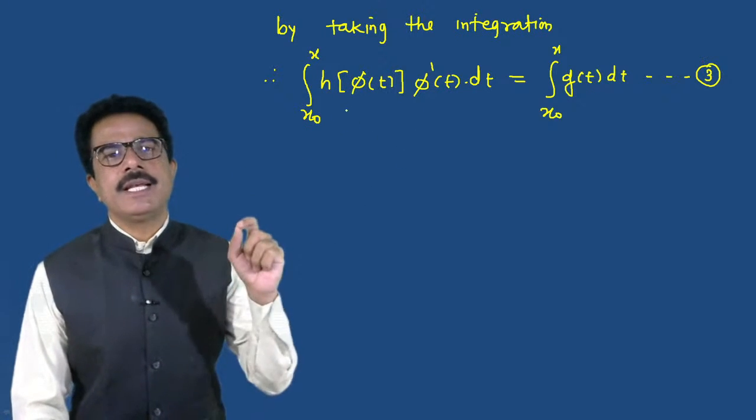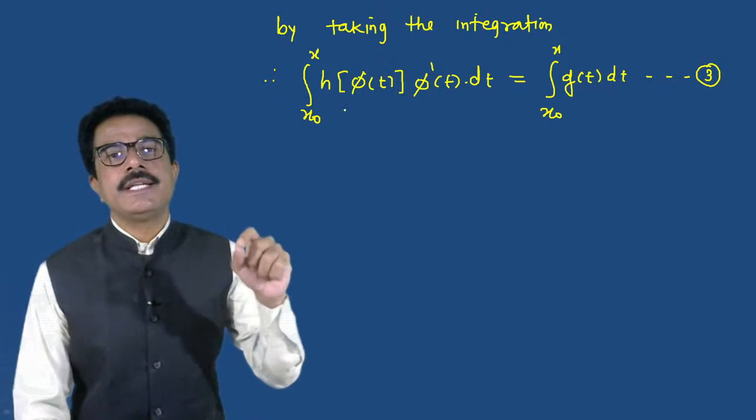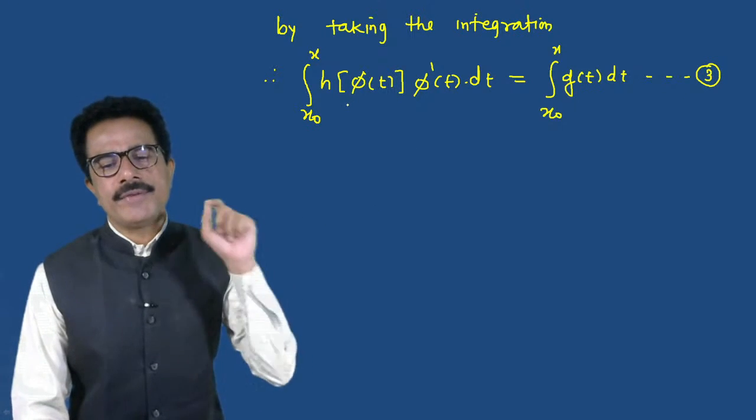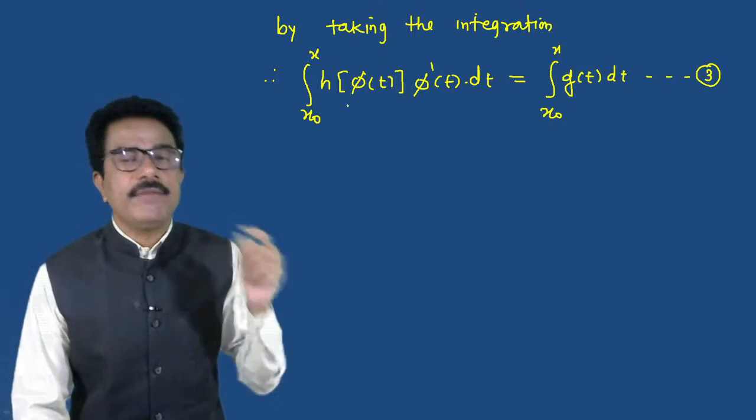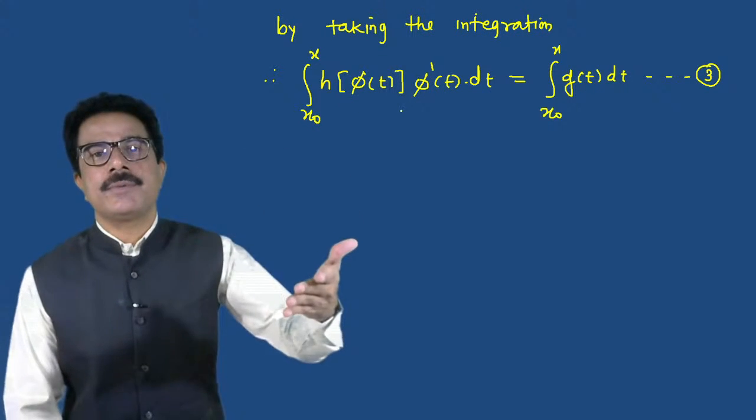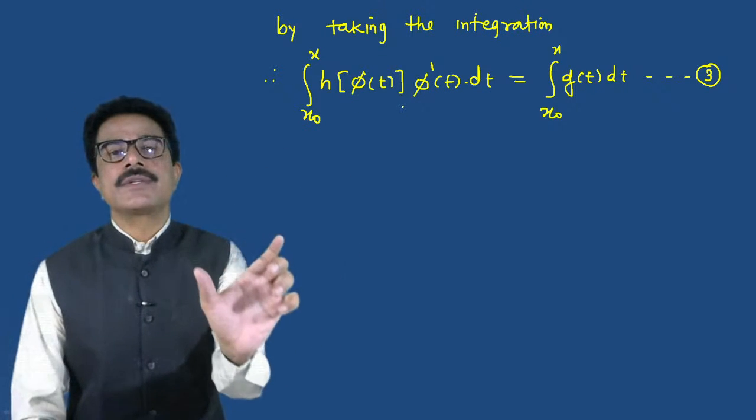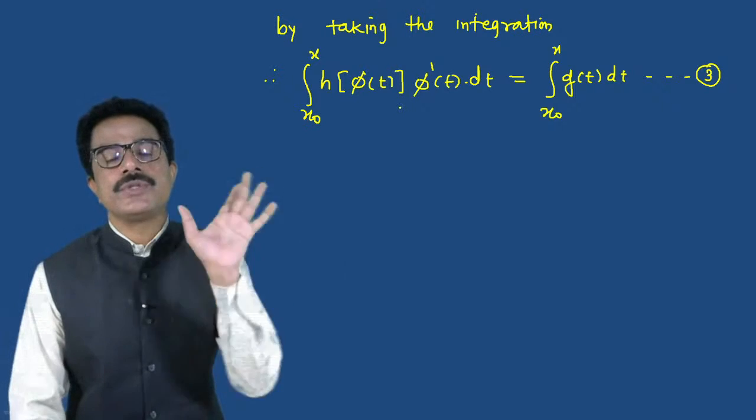So actually on the left side, see, there is a substitution form of integral, f of phi of t into phi dash of t. That form is called the integration by substitution method.